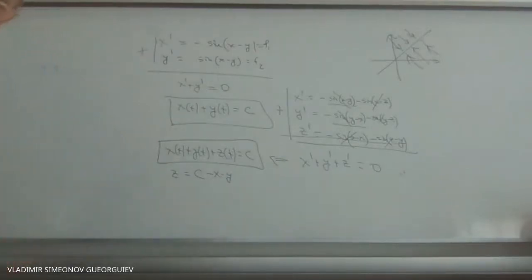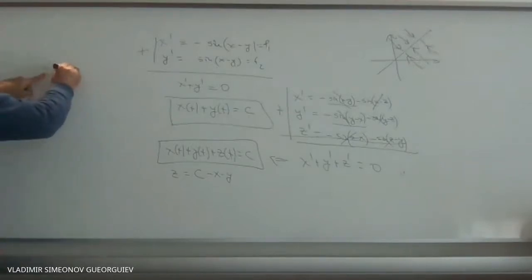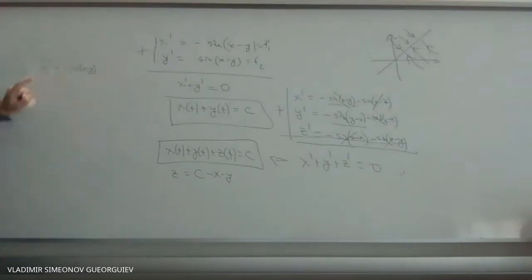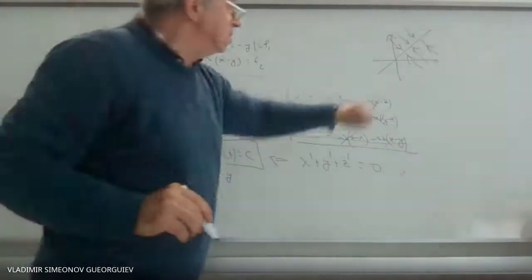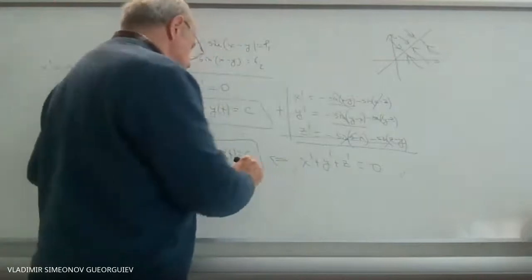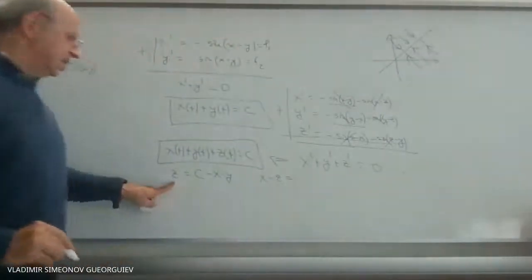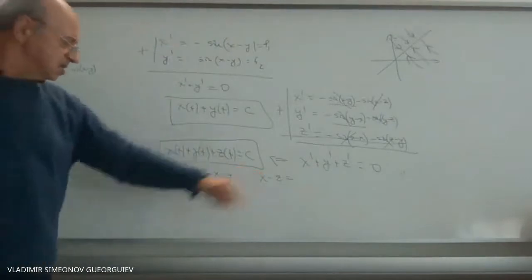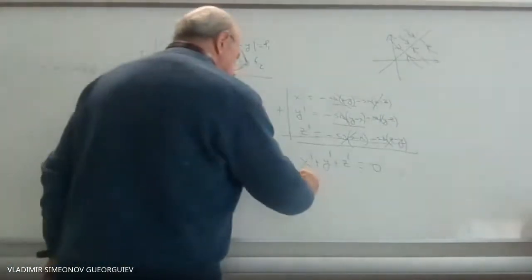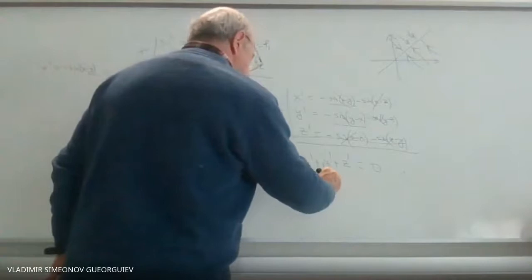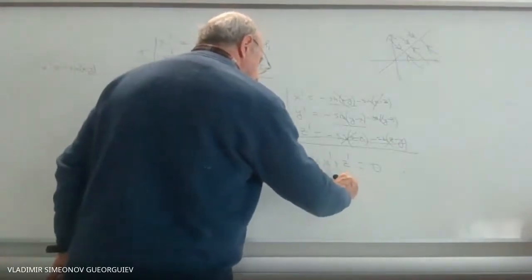can you see here? I hope you can see here, x prime is minus sine x minus y, and here we have x minus zeta. Let us compute x minus zeta. I substitute zeta here, so I have x minus c plus x plus y.